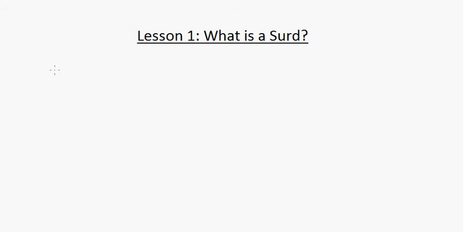To distinguish what a surd is, let's discuss what something called rational numbers is. Okay, so rational numbers qualify for two things. The first thing is that it's a decimal.